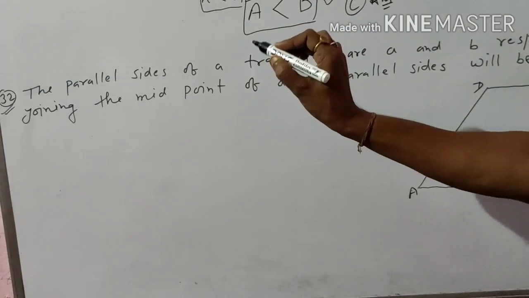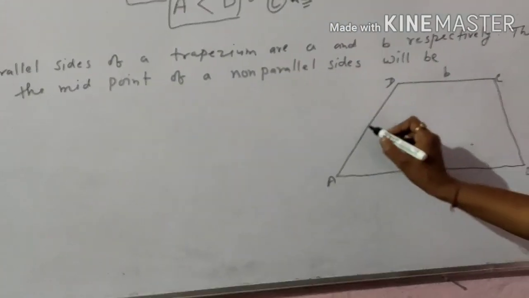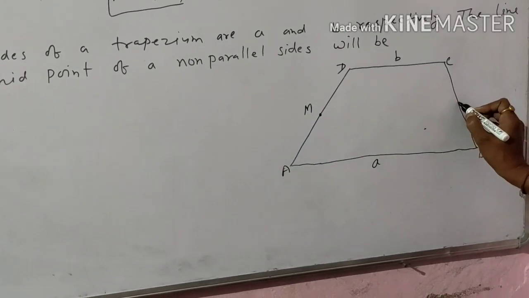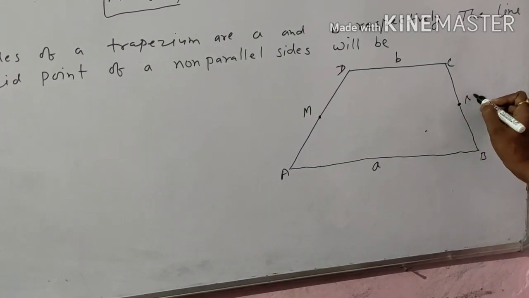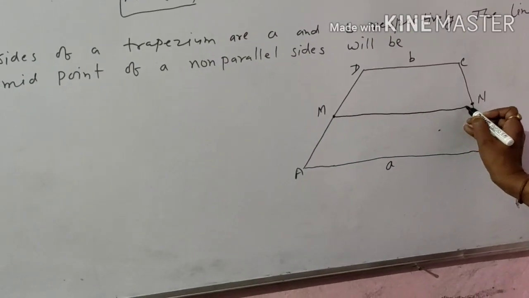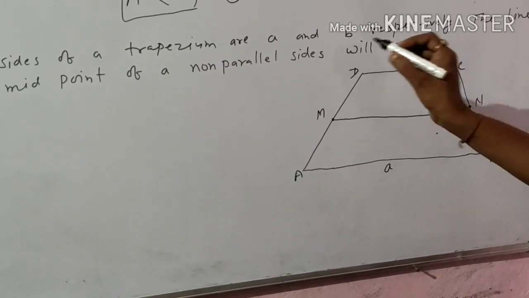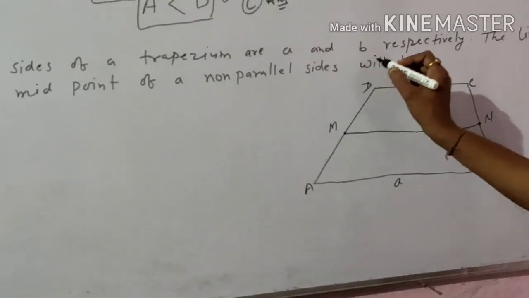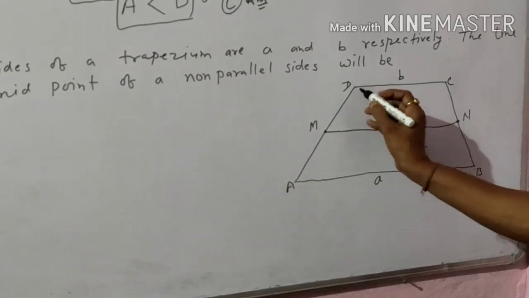The line joining the midpoint of the non-parallel sides. Suppose M and N are the midpoints of the non-parallel sides and join them. Okay, student. Join the midpoints of the non-parallel sides. What will happen here?